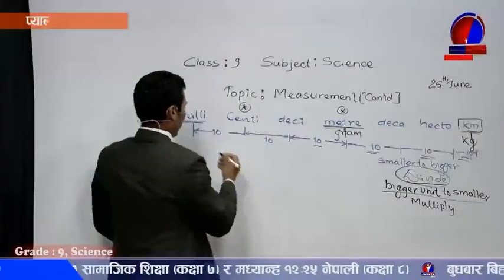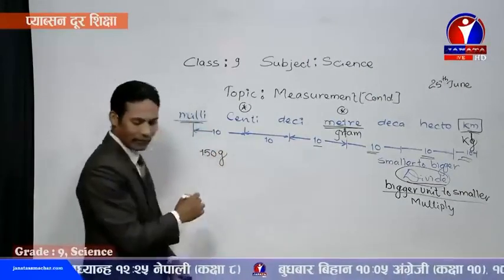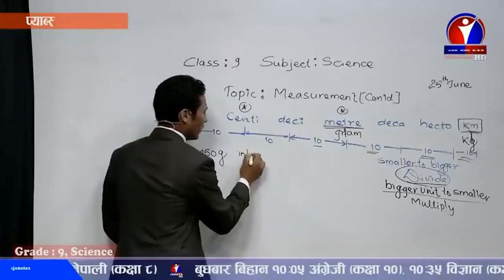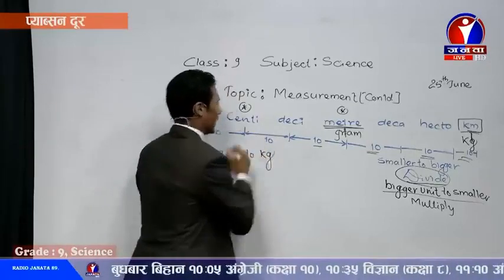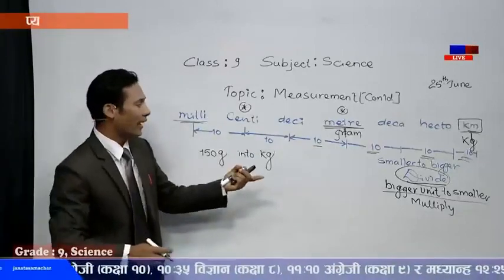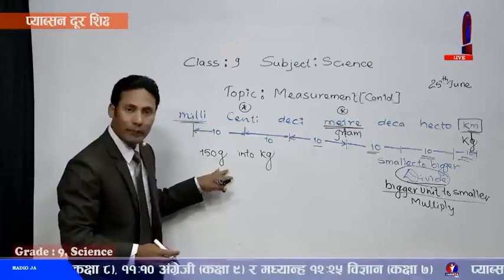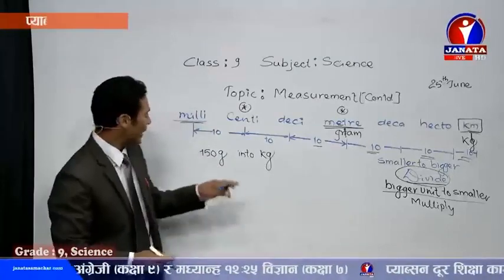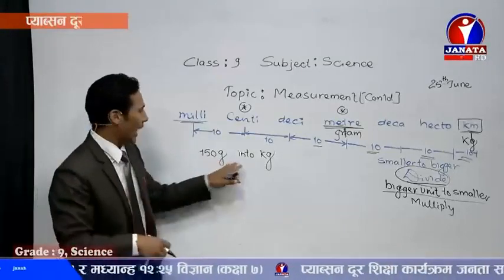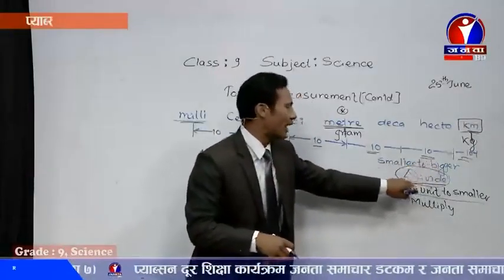Suppose we have 150 gram that we want to change into kilogram, kg, right? In the same previous way, we can convert this also. Gram is the smaller unit and kg is the bigger unit. That means smaller to bigger, we have to divide.